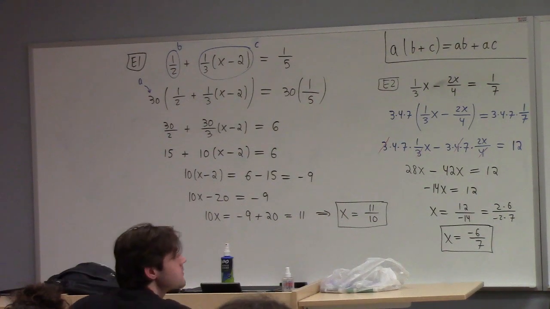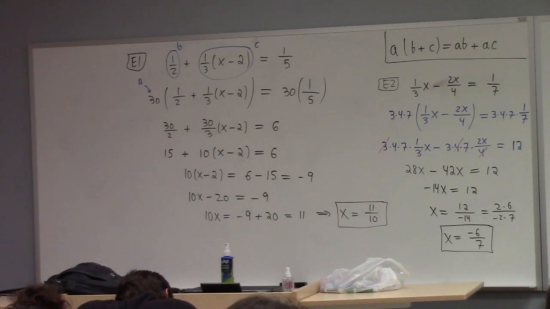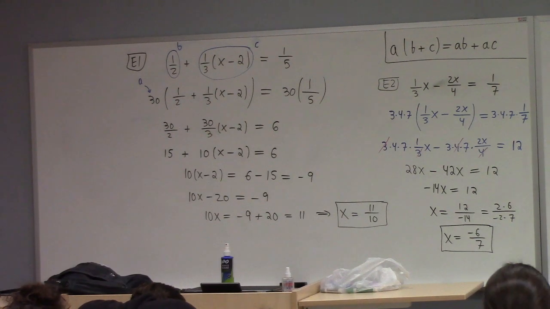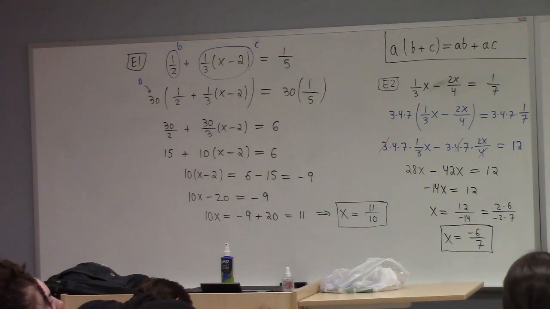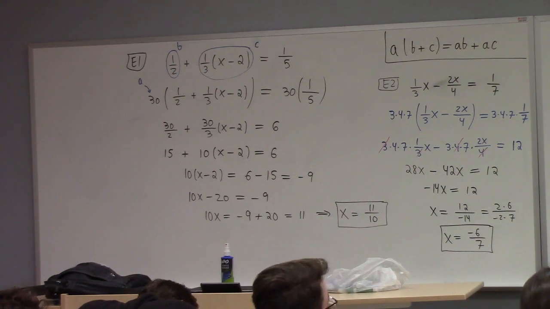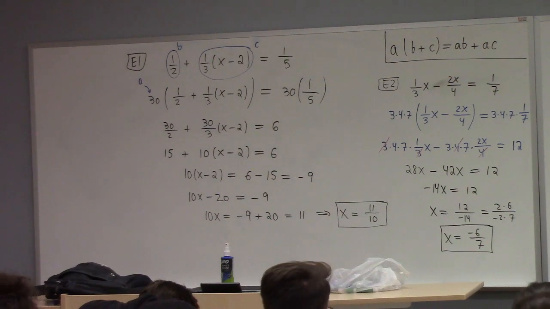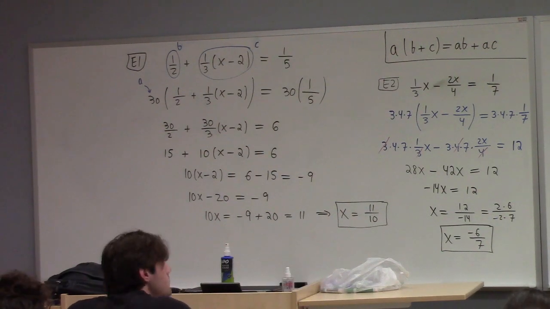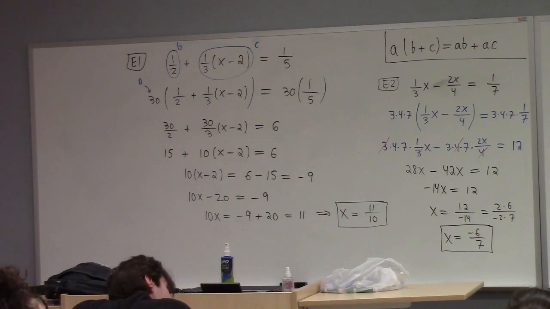So number 1, if y is equal to m1x plus b, well, let's just say this. y equals m1x plus b, and y equals m2x plus b.